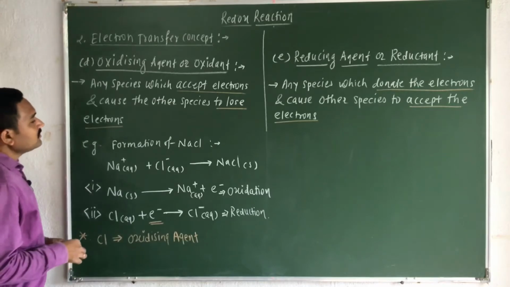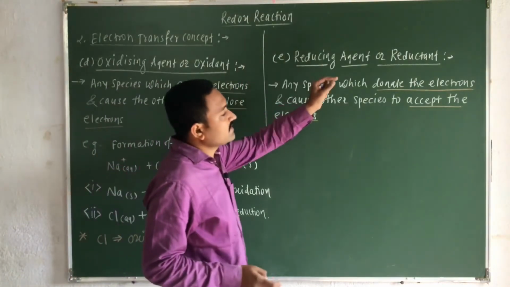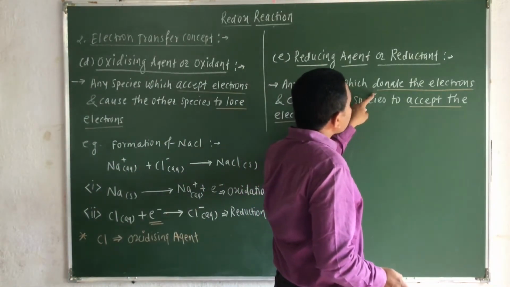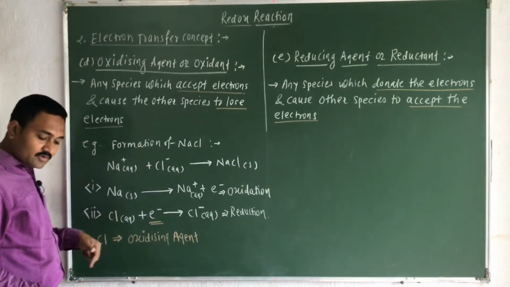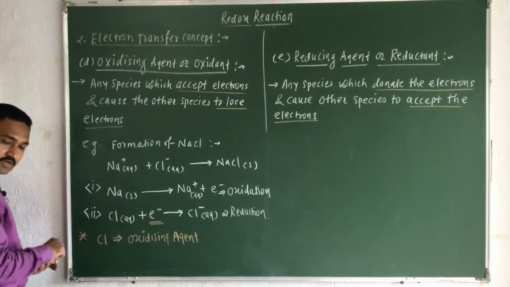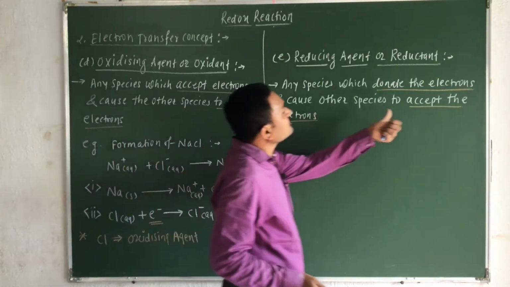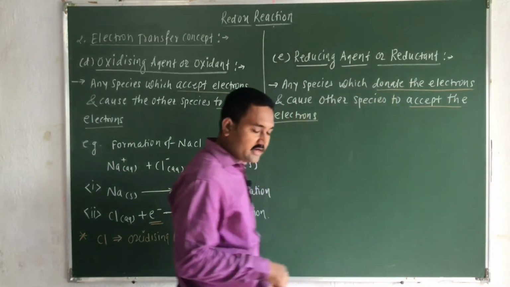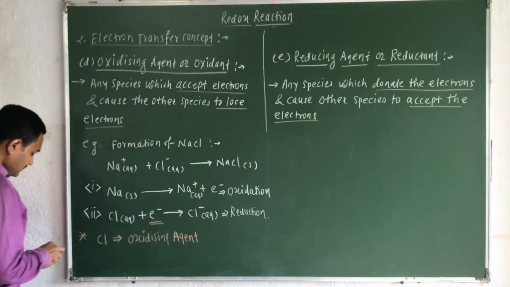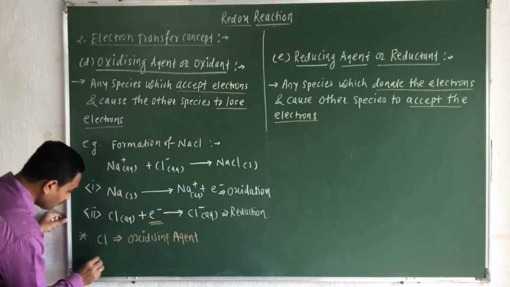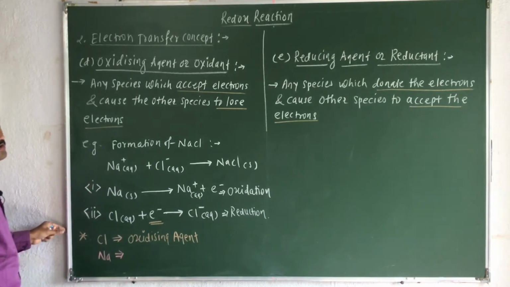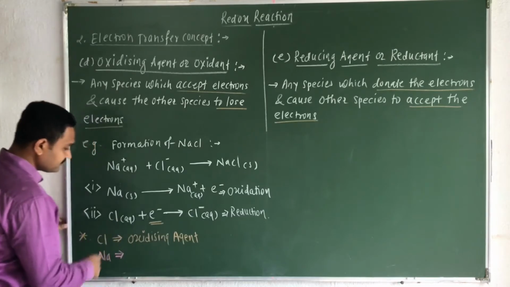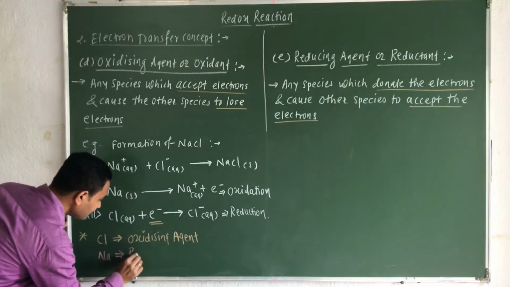Now let us consider the reducing agent. Here the species which donates the electron, here sodium donating its electron to the chlorine and causing the other species to accept the electron. So obviously sodium loses its electron, donating its electron, hence it will be the reducing agent.